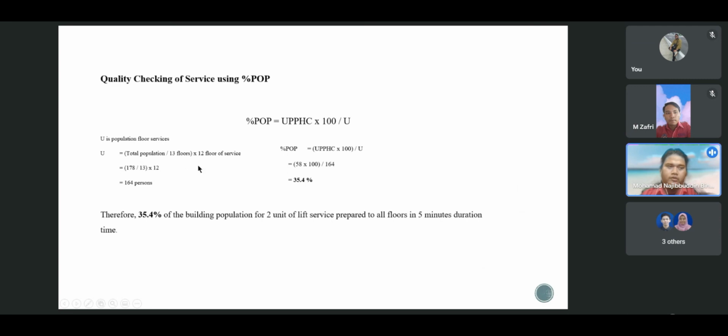Based on the formula, percent POP we get is 35.4%. Therefore, 35.4% of the building population is served by 2 units of lift to all floors in a 5-minute duration.